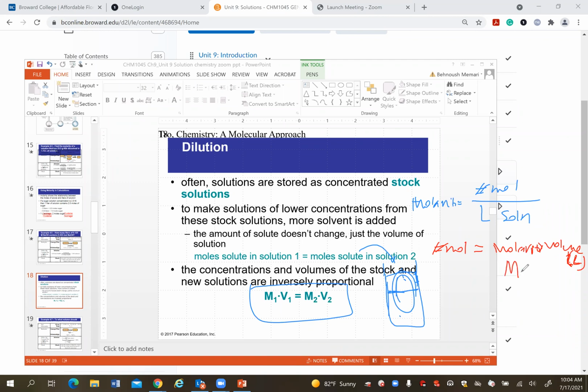We express molarity before mixing, or before dilution, as M1, and volume as V1. So we have M1V1, molarity times volume before mixing. This is the number of moles before mixing.